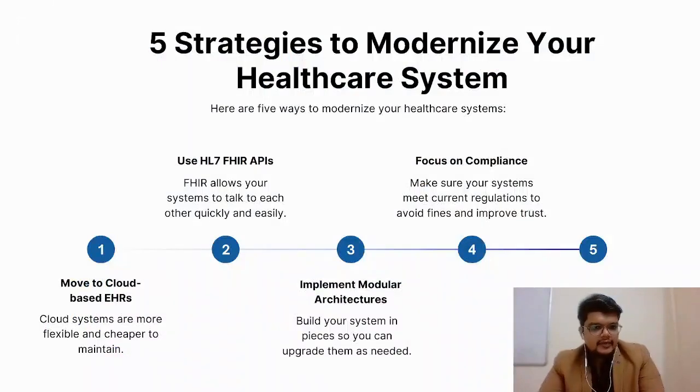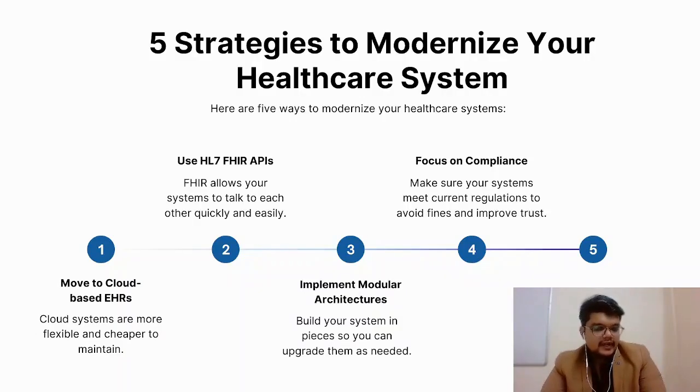Then we have a couple of strategies for you. Even though you can reach out to CapMinds and we can support you with this, even if you just want general strategies on how to modernize your healthcare system, the first is that there are a lot of clinics and hospitals still using a local EHR, so you have to move to a cloud-based EHR system. Cloud systems are more flexible and a little cheaper to maintain. You have to make sure that your EHR has HL7 FHIR capabilities and HL7 FHIR APIs that allow different systems to interconnect.